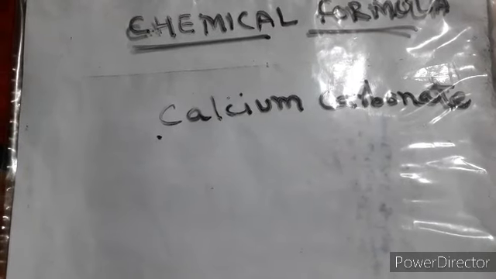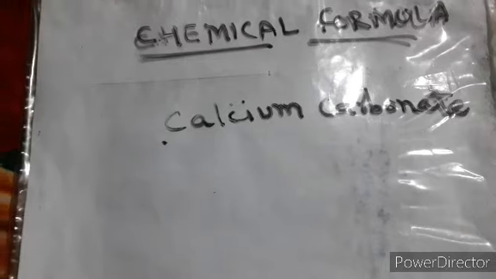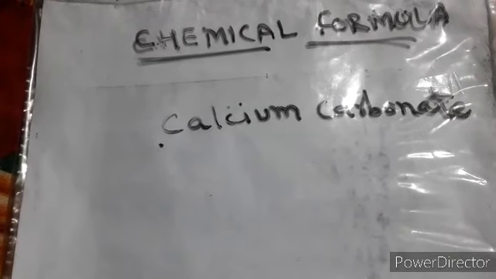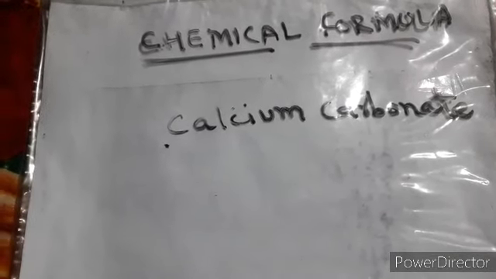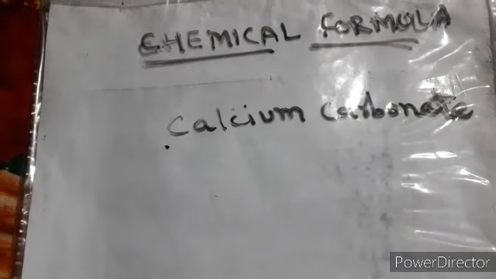If you remember the name of it, you know it's a compound, and it's very important that compounds always contain a whole number of atoms. Whole numbers start from 0, 1, 2, 3, but in chemistry we are not applying 0. We start with 1, 2, 3. So these are the whole numbers, and we never use fraction or decimal values for the atoms.